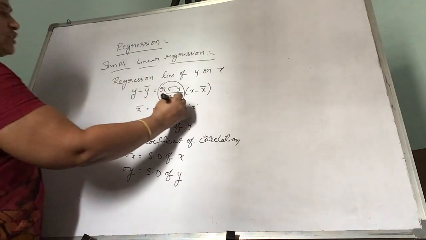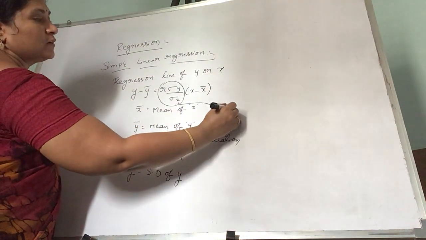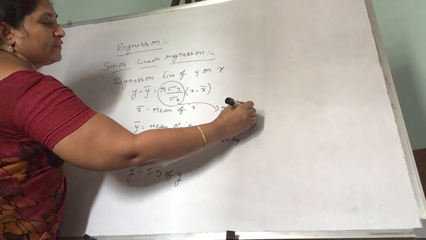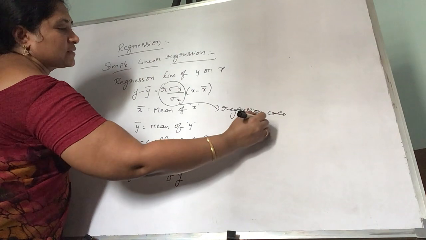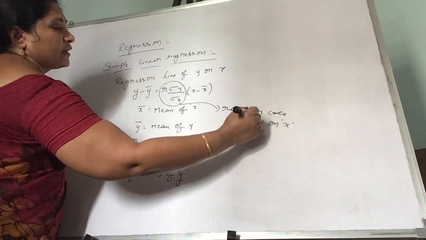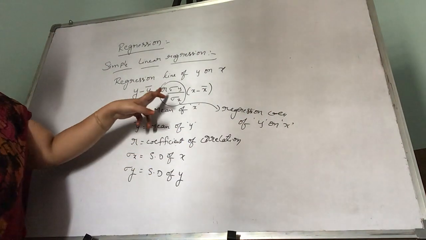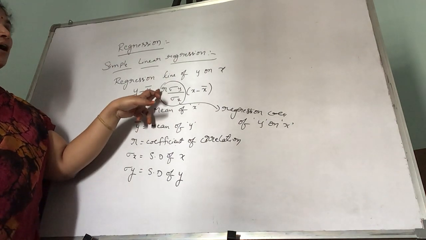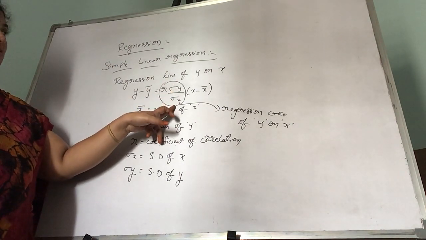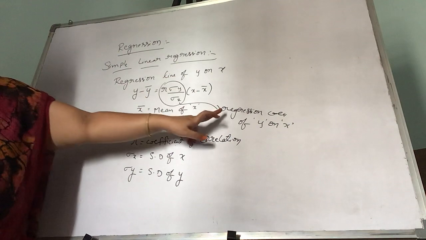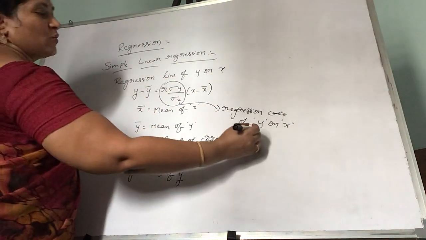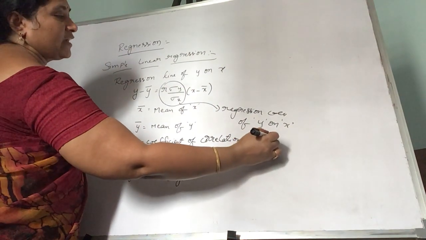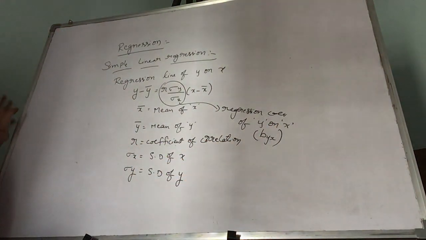This is called the regression coefficient of y on x, denoted by small b suffix yx, b_yx.